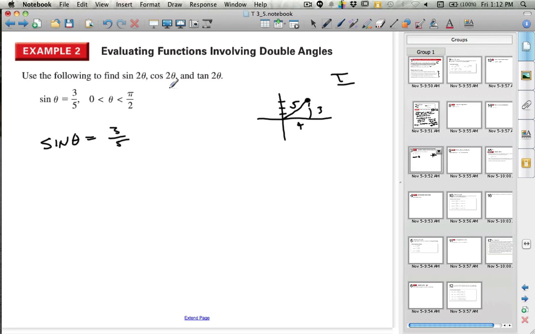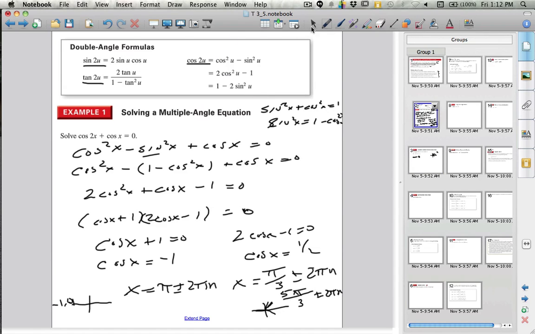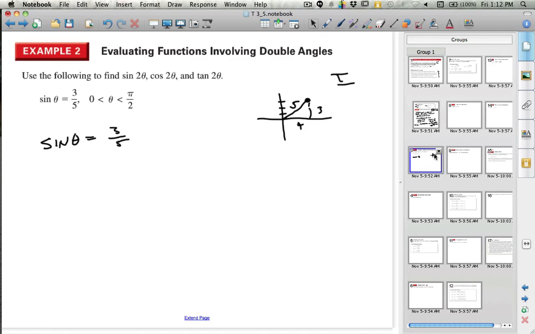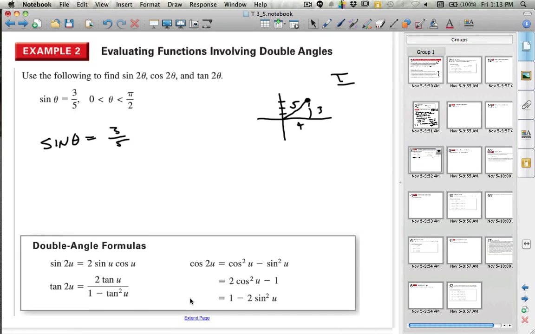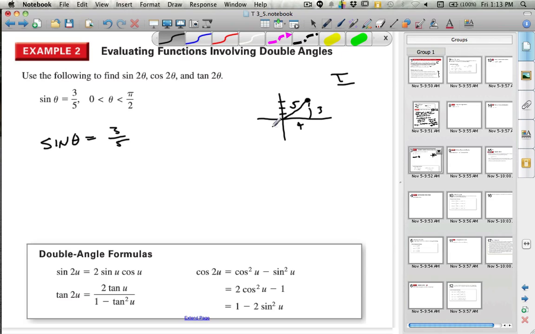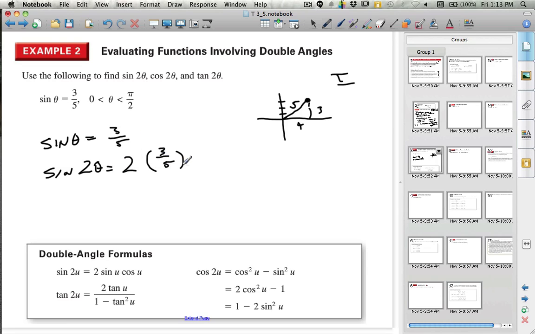Now, if I take a look at finding the double angle information, let's go ahead and pull these rules and bring them over just to make it a little easier. So if I would like to find the sine of 2 theta, it's going to be 2 times the sine of theta, which is 3/5, times the cosine of theta, which would be 4/5.